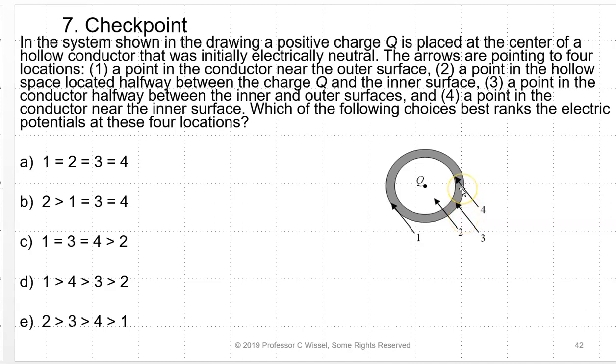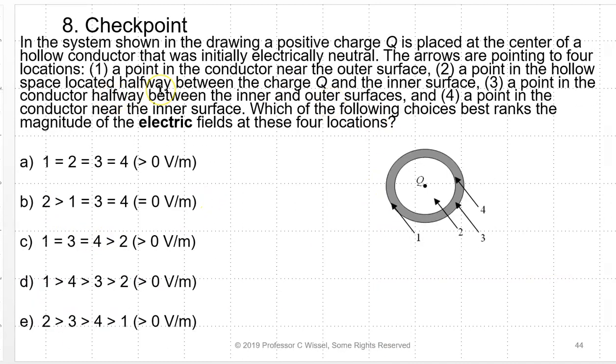And 4 is a point in the conductor near the inner surface. Which of the following choices best ranks the electric potentials at the 4 locations? Well, the electric potential at point 2 is going to be the highest because it's closest to the charge, and the charge is positive in there. All the rest of these are going to be on equal potential surfaces. So 2 is going to be greater than all the rest of them, and that should be B.